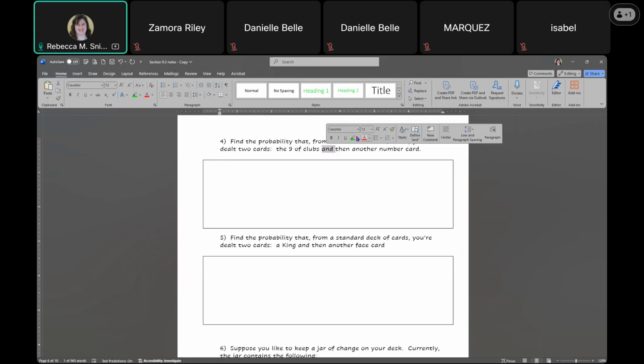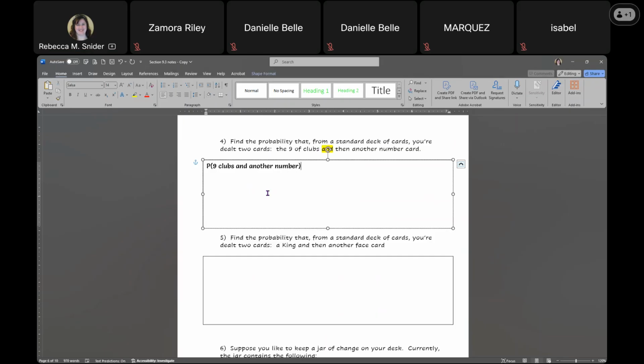So here's the and. This piece right there is what tells you it was the multiplication principle. So the probability we are looking for is the 9 of clubs and another number card.